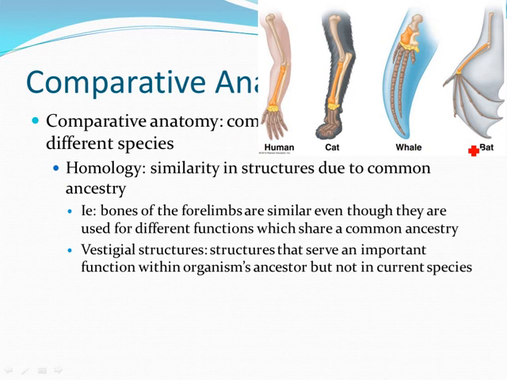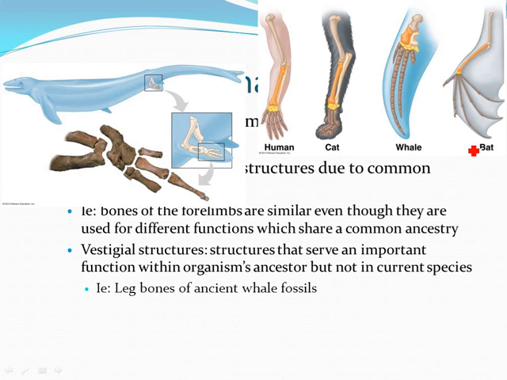And then there are also vestigial structures. Vestigial structures are structures that do not have the same function or use as they once did in an ancestral organism. For example, they give the example of that ancestral whale.